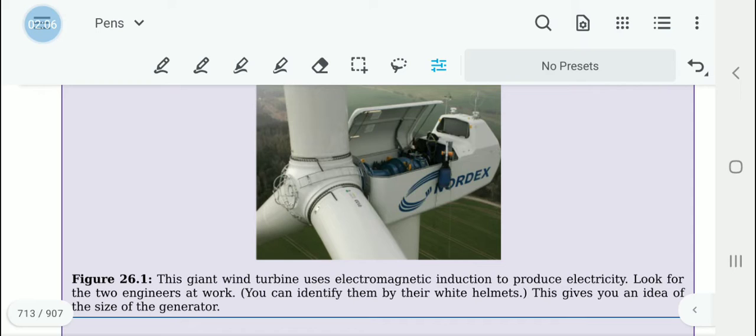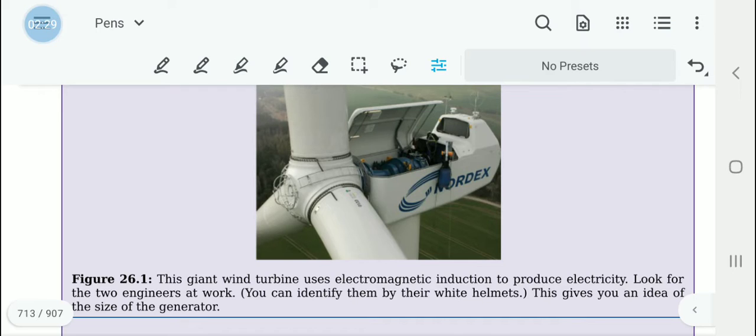And in wind energy turbines like this, we simply use the wind power to turn the turbine. So that wind power, the turning turbines, will make a conducting wire move through a magnetic field.